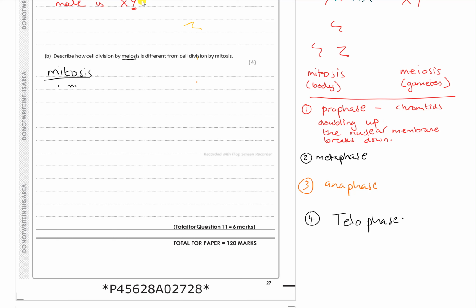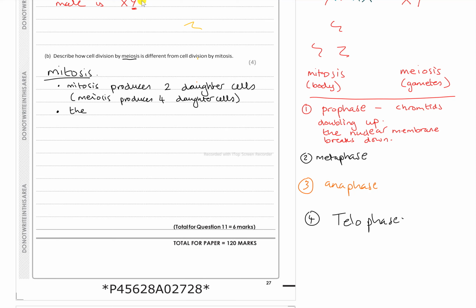So mitosis produces 2 daughter cells, right? Whilst meiosis produces how many? 4 daughter cells.